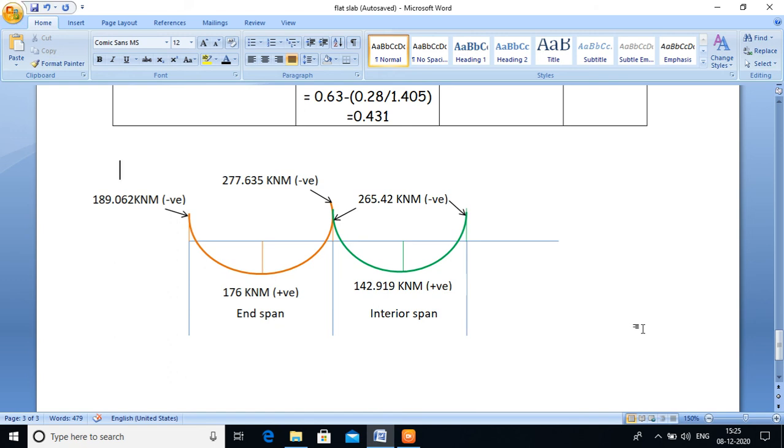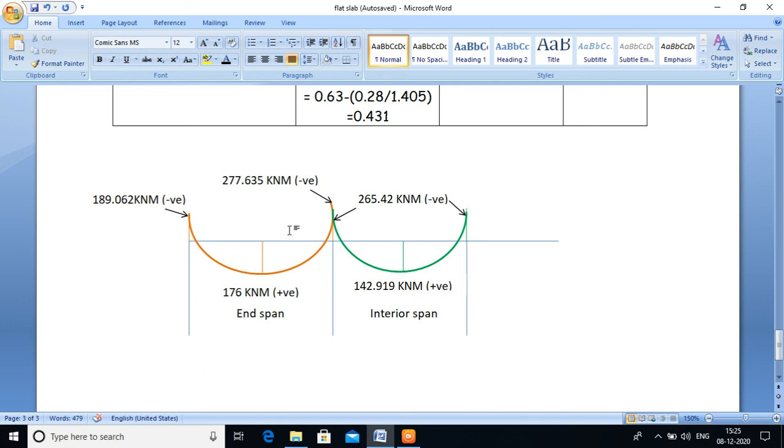Okay, so flat slab analysis. In this analysis we come to know that the negative moment is maximum. So for the calculation of pre-stressing force, or for the further calculations, what we are going to assume is, we do the calculation for the maximum moment.